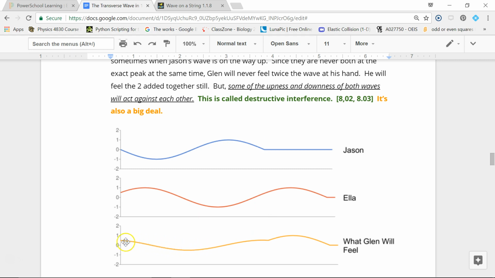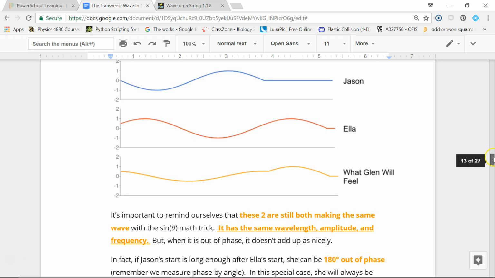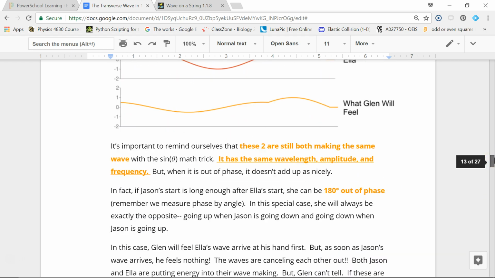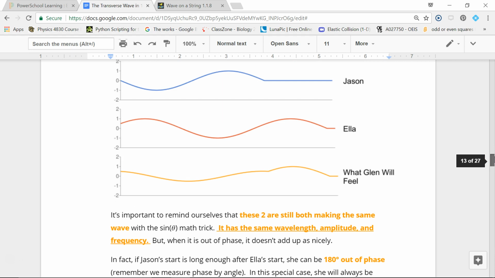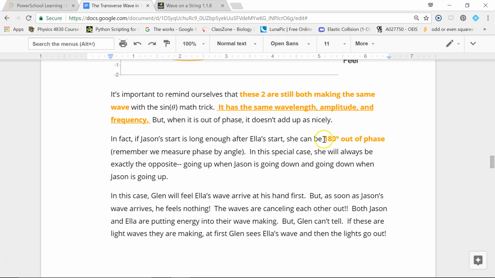Now notice that this never quite gets back to 2 or -2 like we had before. That's because some of the up-downness of both waves is acting against each other, and we never get the perfect peak helping peak, which is what resonance will be really important about, peaks helping peak. So these are not in phase, but they're not quite yet 180 degrees out of phase.